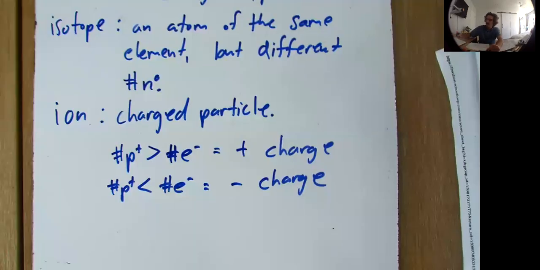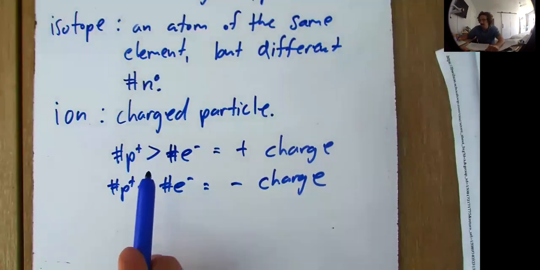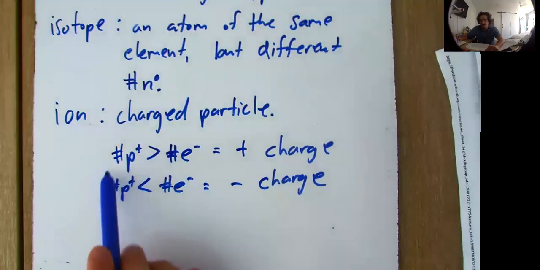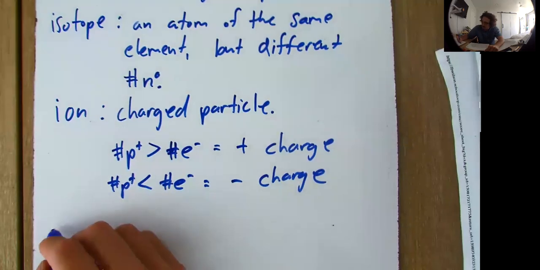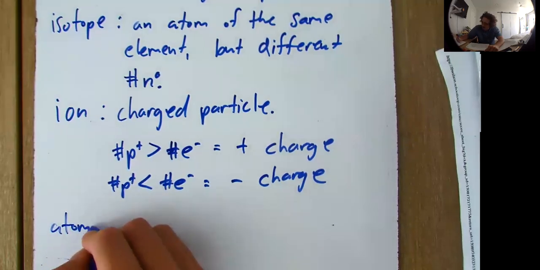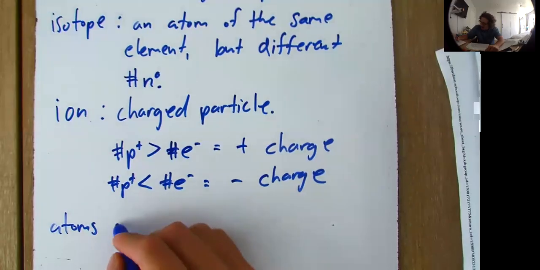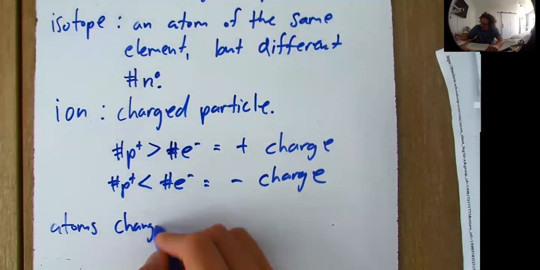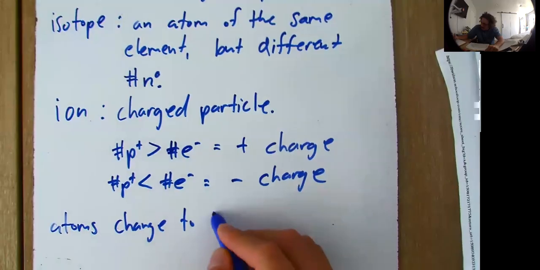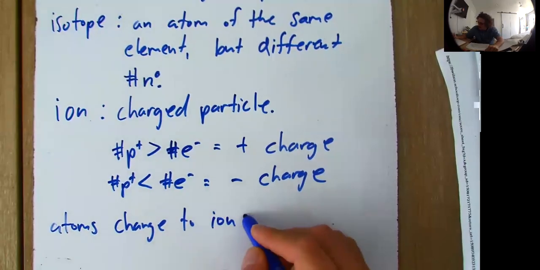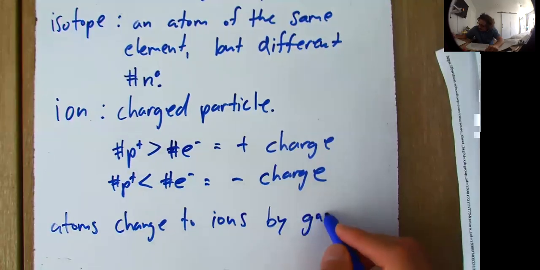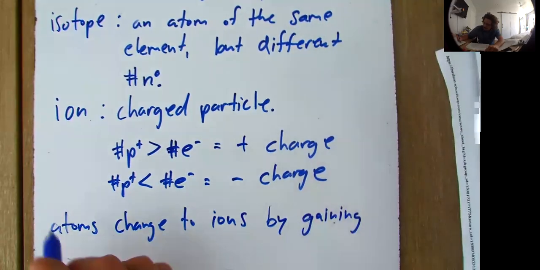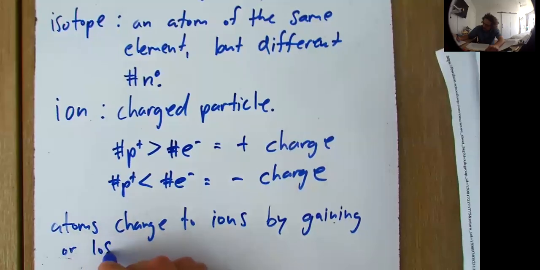So we know that an atom's identity, an element's identity, is from the number of protons it has. That's the atomic number. So what happens is that atoms change to ions by gaining or losing electrons.